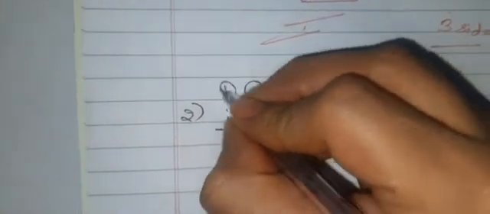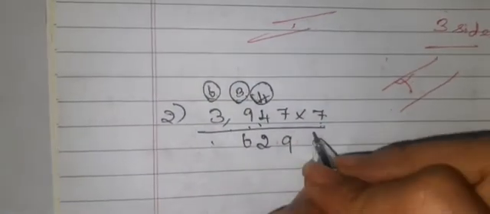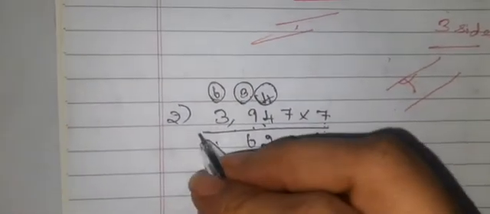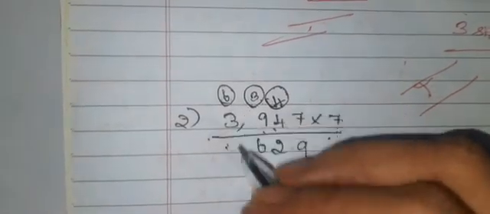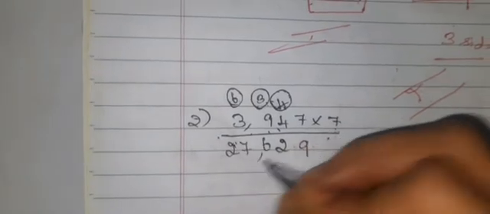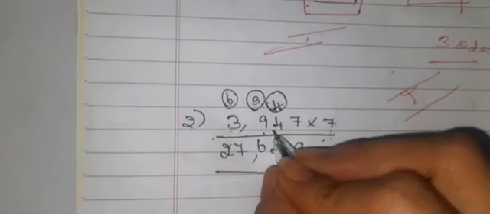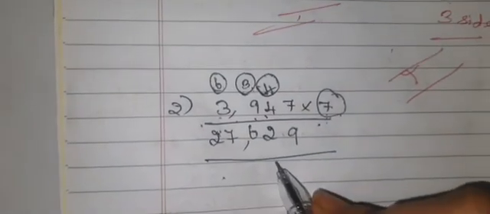Write 6, carry to the thousands place value. Now multiply 7 into 3. 7 3s are 21. 21 plus 6 is 27. The product of 3947 multiplied with 7 is 27,629. Third problem.